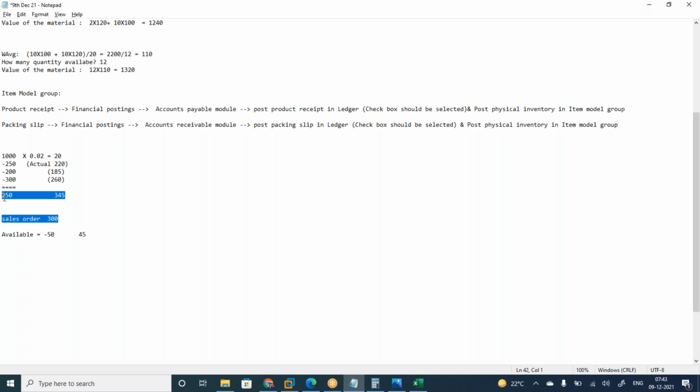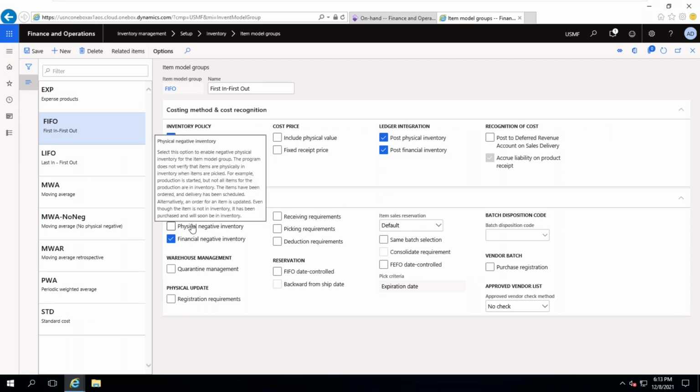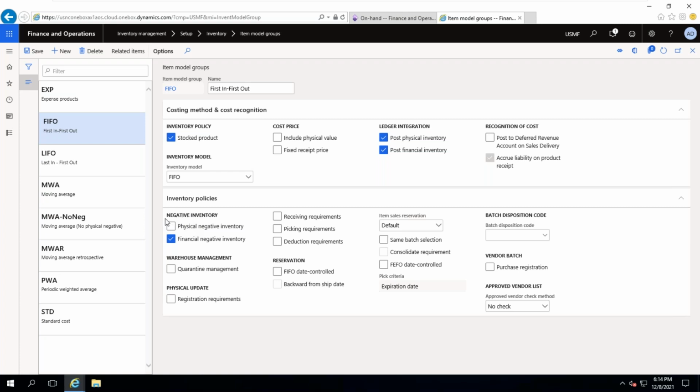So this checkbox will be used for negligible price items, but I'm not telling you small items. Don't use the word small item, because if it is a gold item, even if small, it is costly, thousands of rupees. So use the words low cost items. For low cost items I can enable this checkbox.